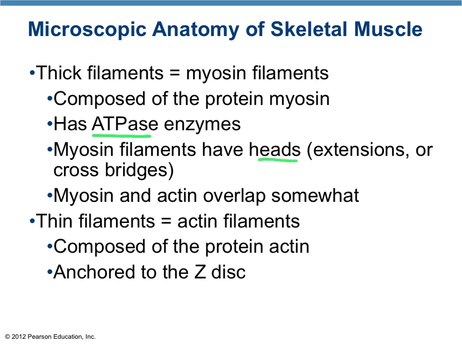Sometimes they're also called cross bridges, and they use those cross bridges to attach to actin filaments, and we'll talk about that in just a moment. Myosin and actin overlap somewhat in a sarcomere, and that allows them to interact with each other. And then the thin filaments are made of actin, and they are anchored to each other at that structure called the Z disc that we just looked at on the diagram picture.